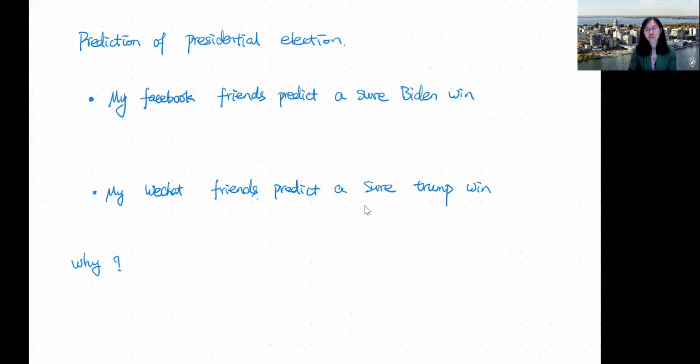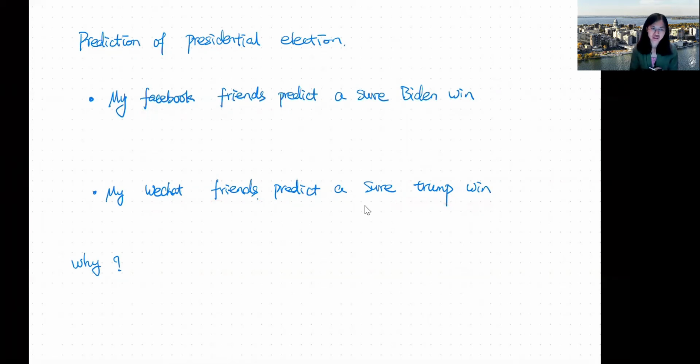Clearly, there is only one true support rate in the population of United States voters, but there can be many estimators. The estimator of my Facebook friends indicates overwhelming support for Biden, while the estimator of my WeChat friends indicates overwhelming support for Trump.